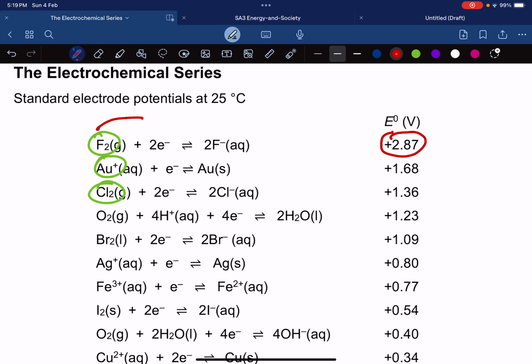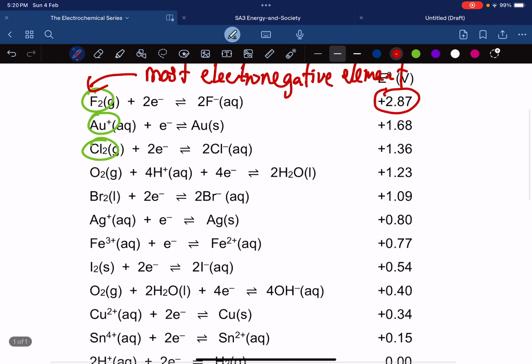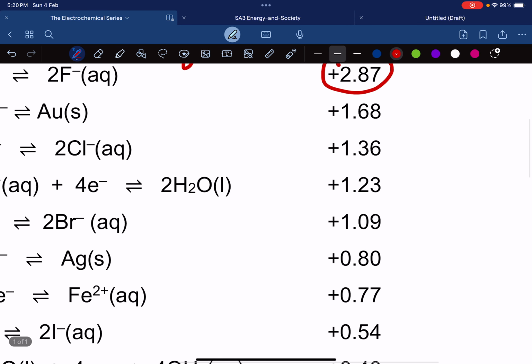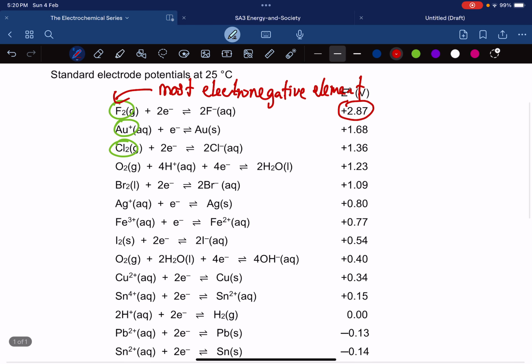So fluorine is known to be the most electronegative element. It has the highest electron affinity in the entire Earth, or maybe other universe, we're not sure, but on Earth, yes. So what you will notice here is, as we go down here, the love becomes less.